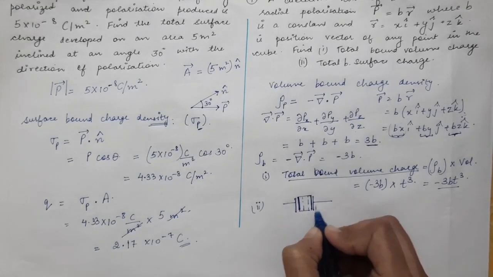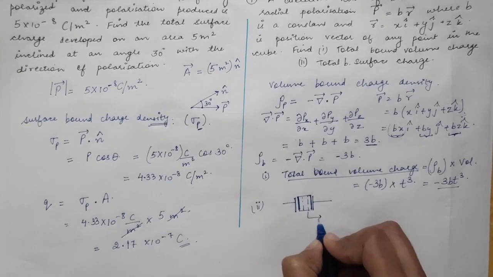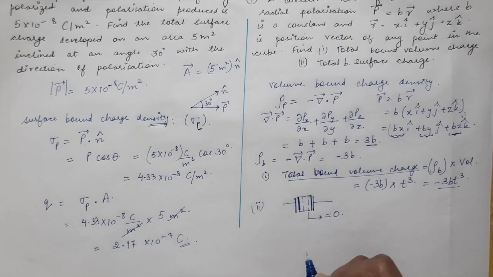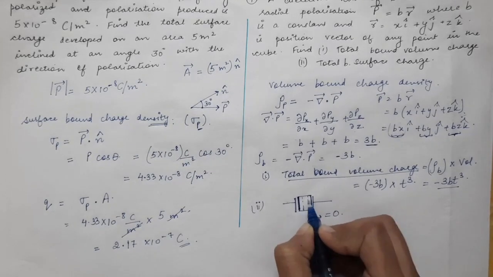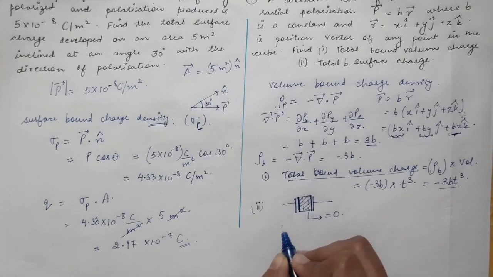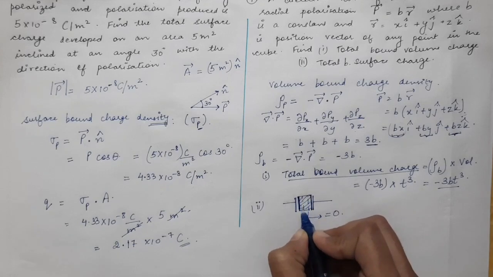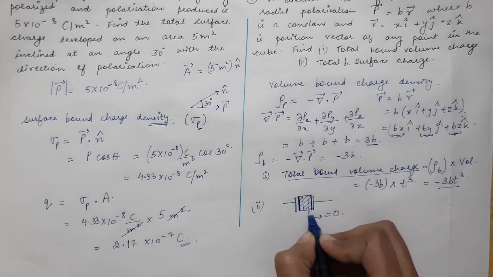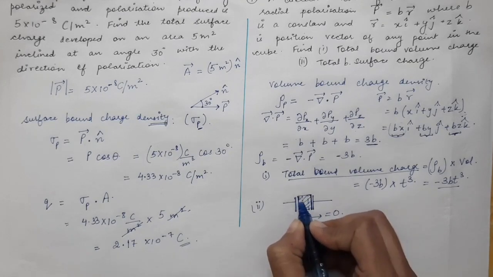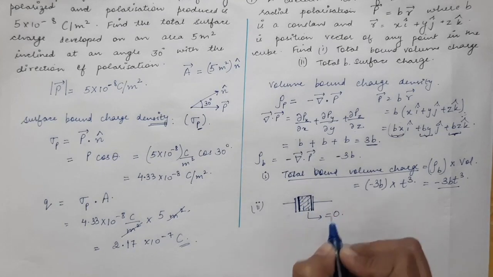So the summation of the total surface and the volume bound charge is always equal to 0. In the case of a capacitor, if we have placed a dielectric, the summation of all the charges inside the volume of the dielectric is zero, as well as the summation of all the surface charges which are present is also equal to zero.